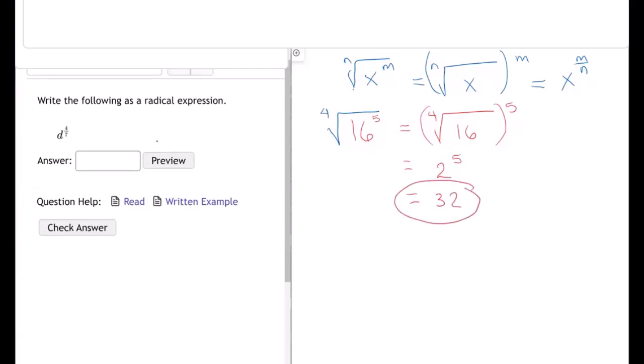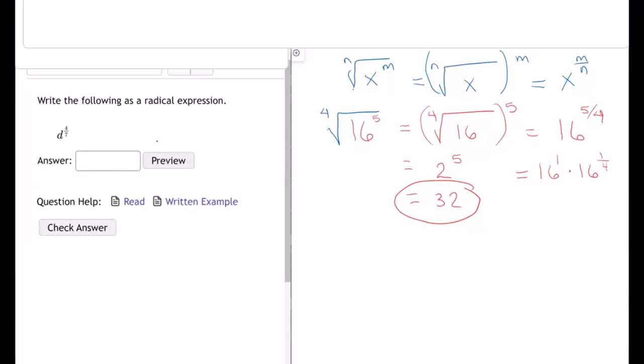Now that was easy. Another way we can look at it is this is the same as 16 to the 5/4 power, which is equal to 16 to the 1 power times 16 to the 1/4 power, because 5/4 is the same as 1 and 1/4.